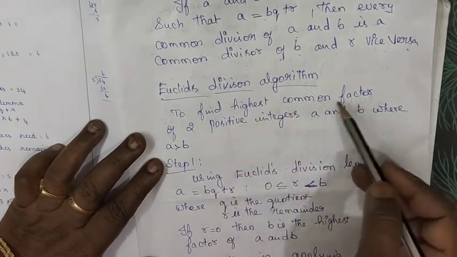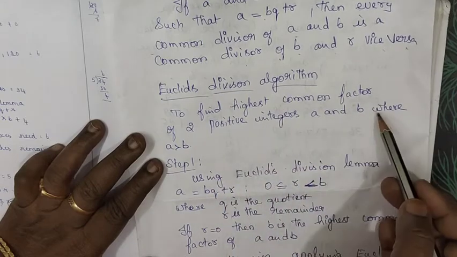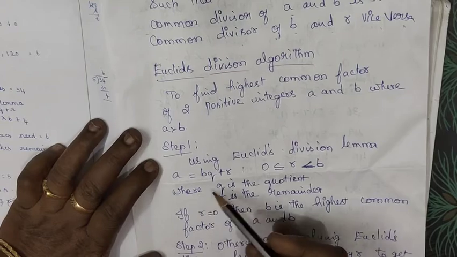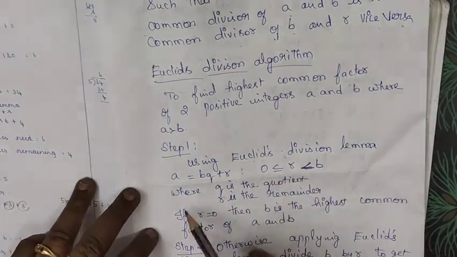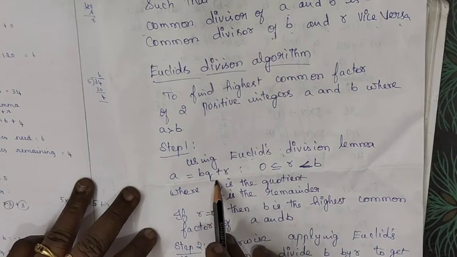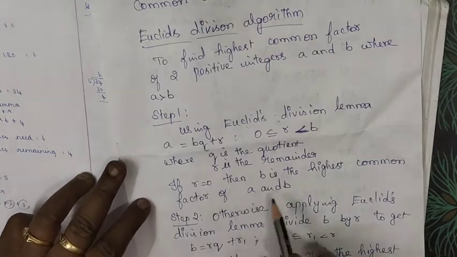To find the highest common factor of two positive integers A and B, where A is greater than B. Step 1: using Euclid's division lemma, we find A equals BQ plus R, where Q is the quotient and R is the remainder.